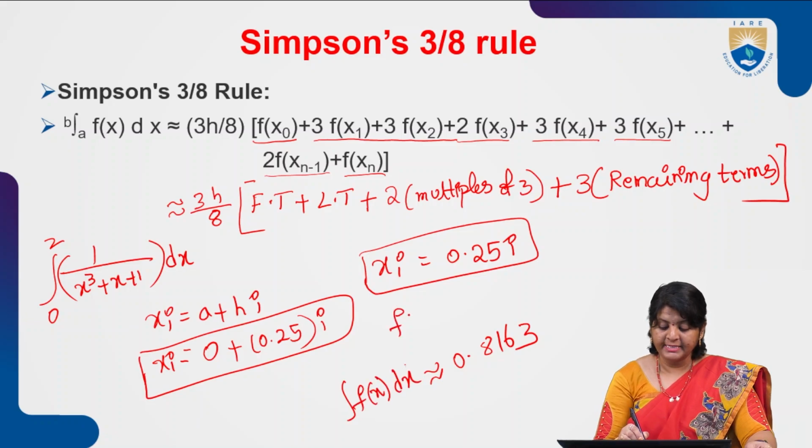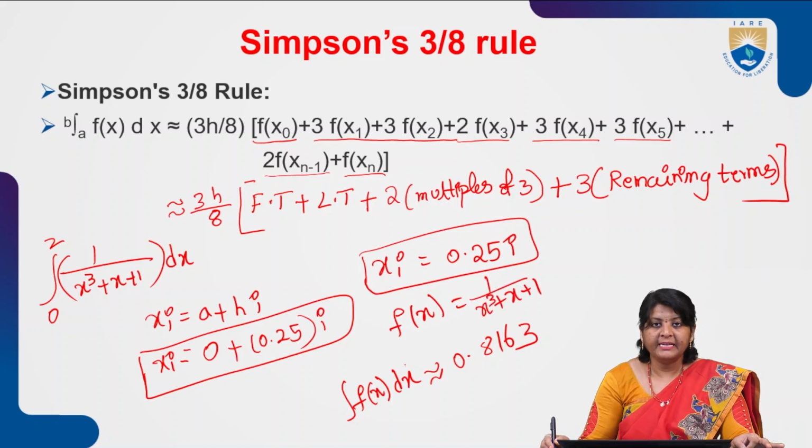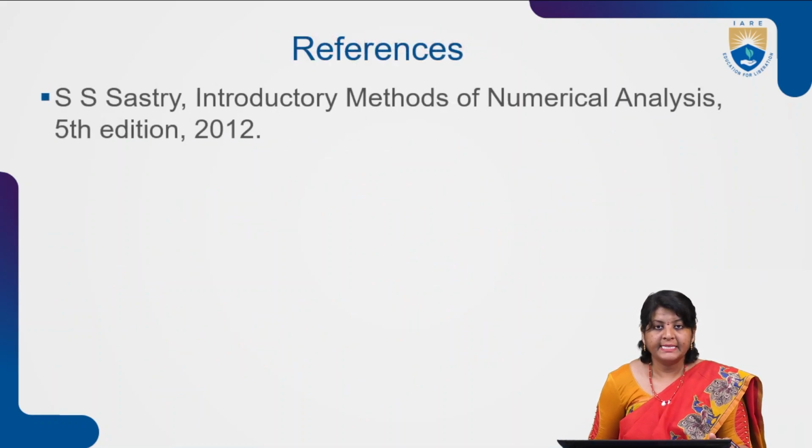And here the f of x is 1 by x cube plus x plus 1. When we apply Simpson's 1 by 3, you will get a different value, because of the approximation. The data is taken from SS Sastry.